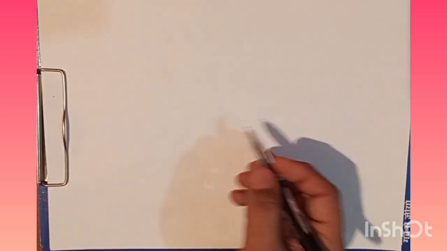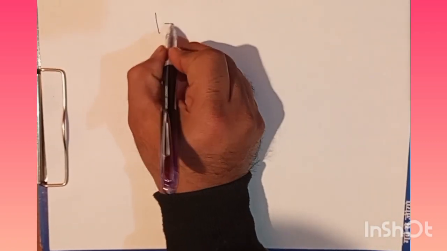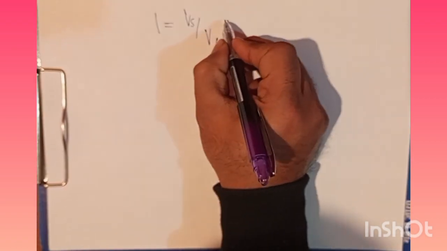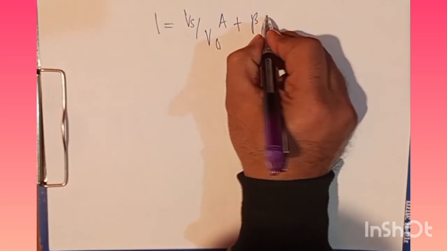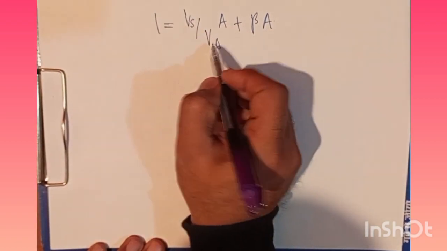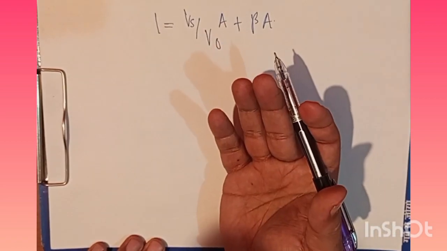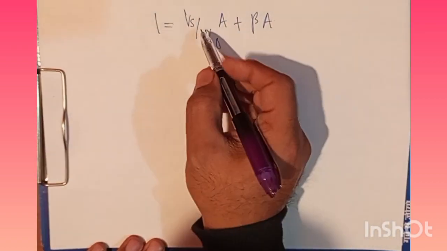Now let's proceed from here. So now what is left is 1 equals Vs upon V out, then we have A plus beta A. Now, what is Vs by V out? Vs by V out is basically the reciprocal of the gain in presence of the feedback.